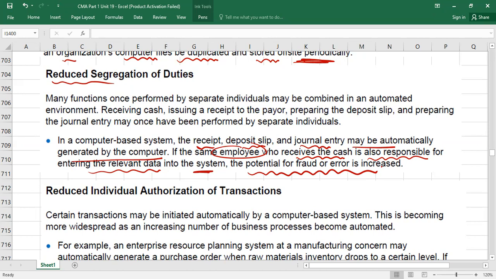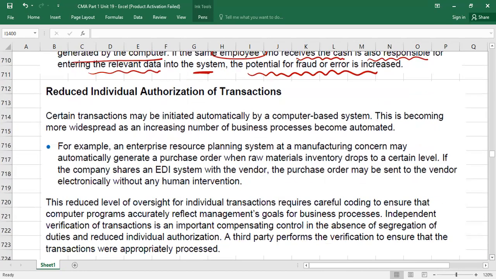This is what reduced segregation of duties means: in an automated environment, everything is done by the system, so you do not have many people doing the work. If one employee deals with all these things through the system, he may find loopholes with the passage of time and commit fraud. The chances of fraud and error will obviously increase. So this is also a risk.